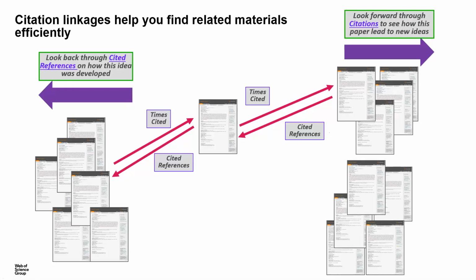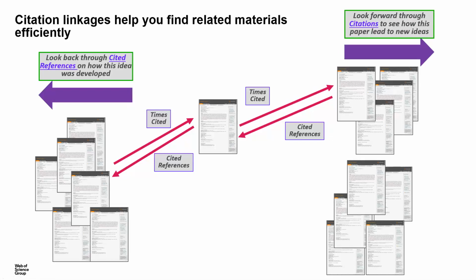Now, because Web of Science indexes everything about the paper, we are able to compare multiple papers' references. They might not have cited each other, but out of, let's say, 10 references that they have, maybe the two papers share 3 or 4 similar references.